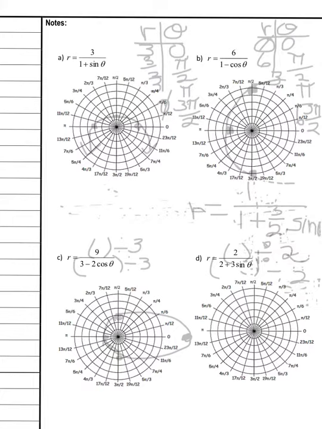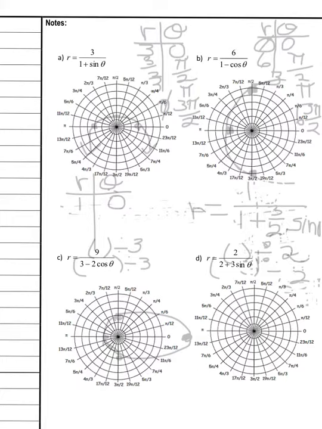Okay, so I'm going to set up my r theta chart. My first theta is going to be 0. So sine of 0 is 0. I end up with 1 over 1, which is 1. Oh, and by the way, this is going to be a hyperbola because my e is 3/2.